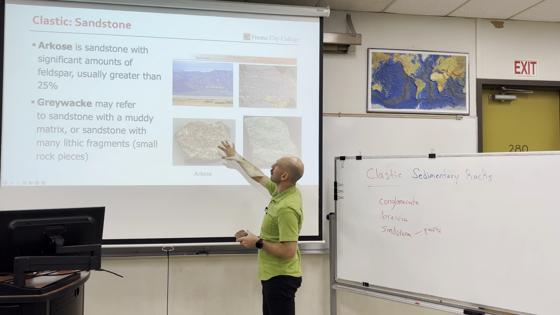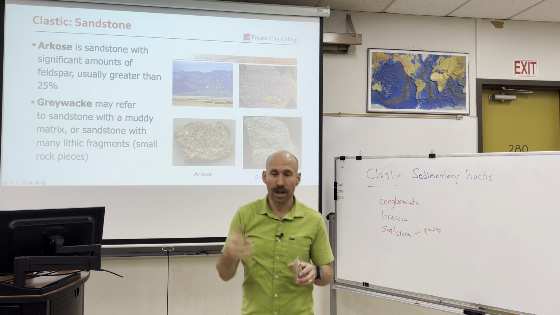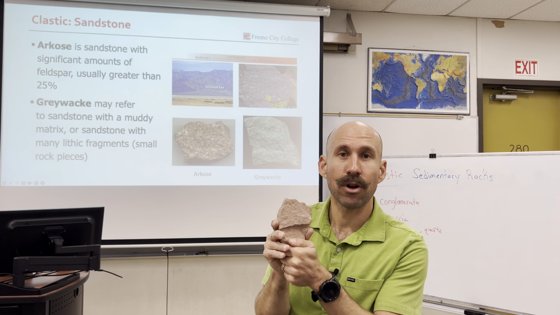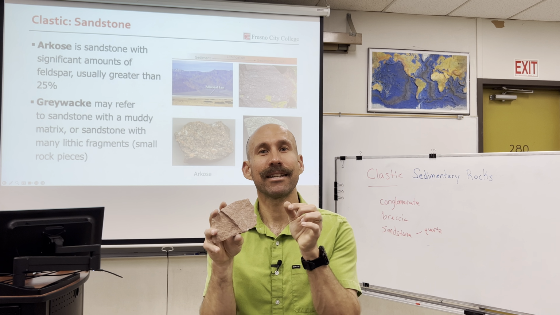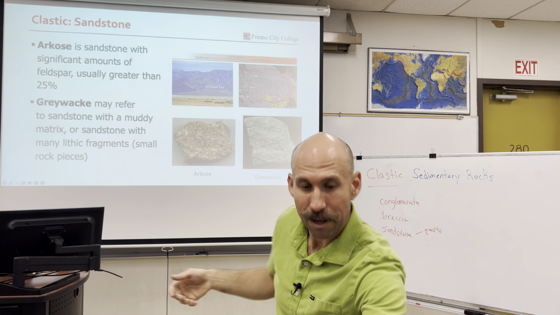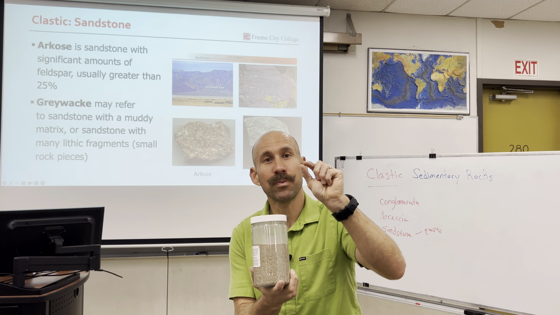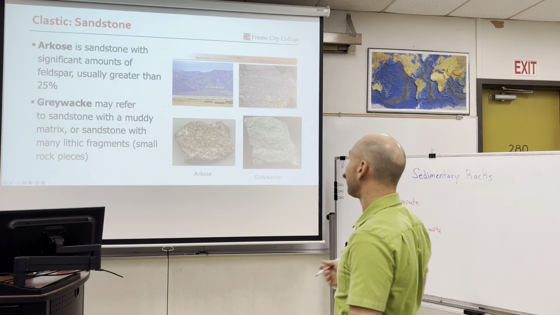The feldspars can often turn the arkose into a reddish color. So, still sandstone, because the size of the sediments are sand-sized grains. The whole reason we call sand at the beach sand is because of the size of the individual little particles of sediment that are there. How cool is that? Super cool.